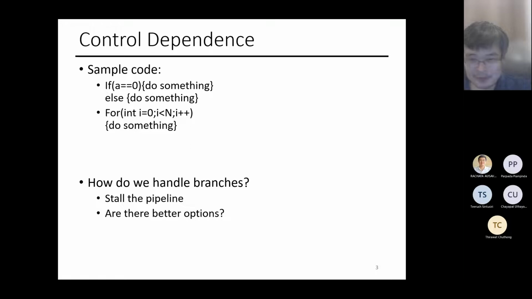Which means that if you stall the pipeline, you insert a bubble every other cycle, which is a really inefficient thing, right? And architecture is about efficiency, how to squeeze out everything you can from the hardware so that you can accelerate and make the program faster, right? So stalling the pipeline is an easy solution, but it's not efficient. So we'll now talk about a better solution, right?